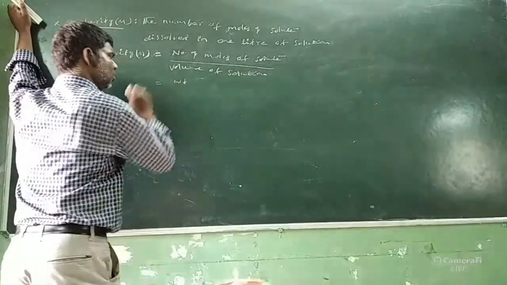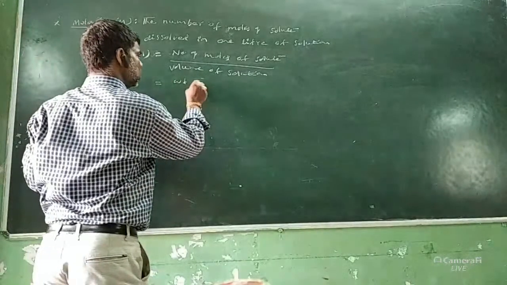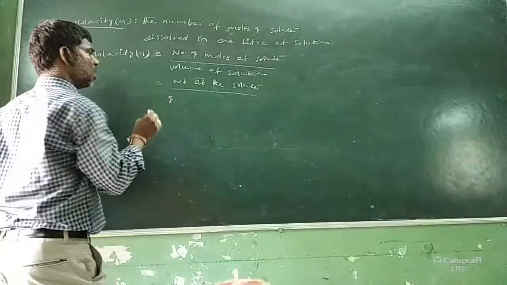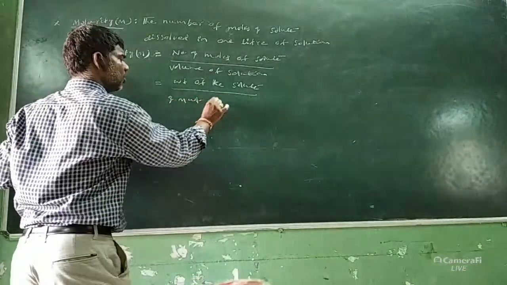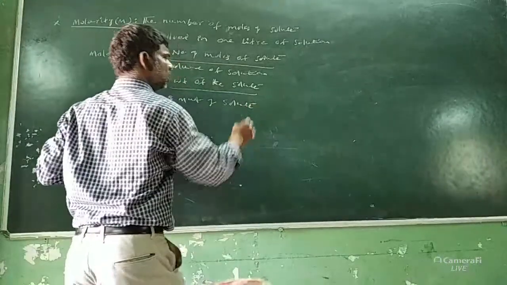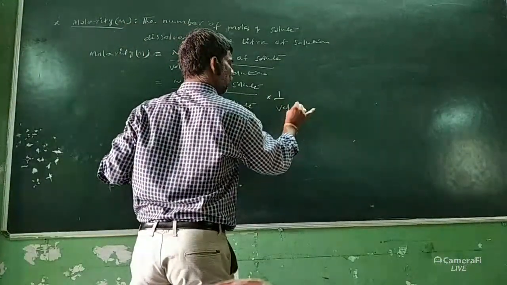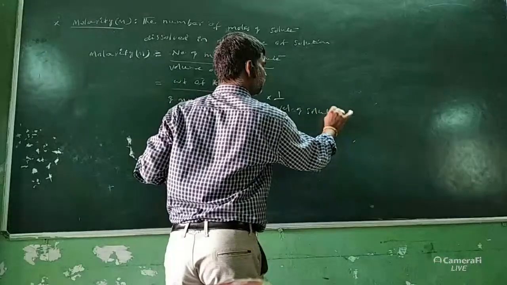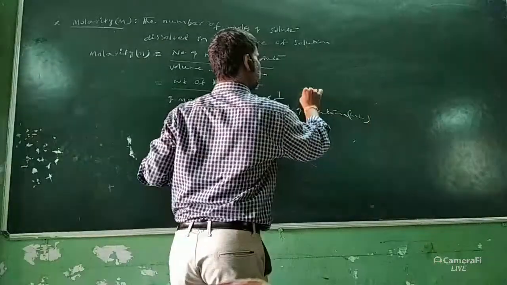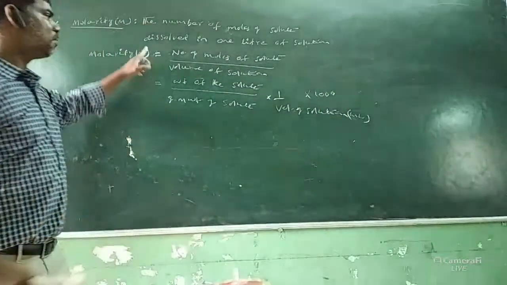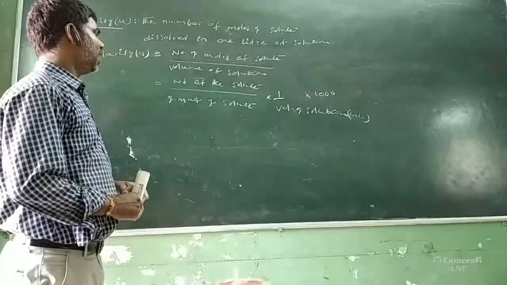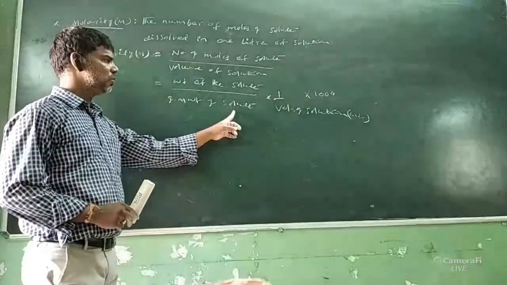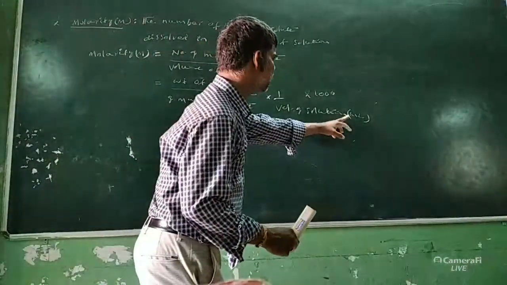So the weight of the solute by gram molecular weight of solute into 1 by volume of solution. If it is in ml, that should be into 1000.